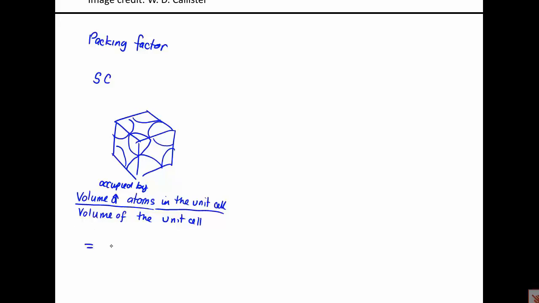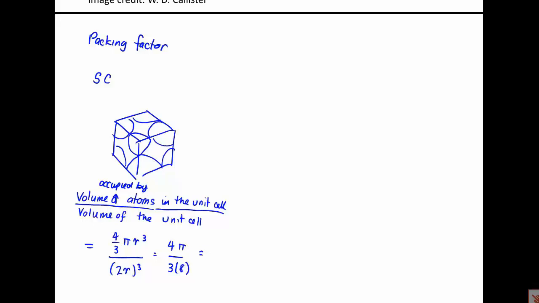For the simple cubic, we can see that that is equal to 4 over 3 pi r cubed divided by the volume of the unit cell. If we express that in terms of r, we know it's equal to 2r cubed. So we get 4 pi over 3 times 8, because 2 cubed is 8, and the r cubes cancel top and bottom.